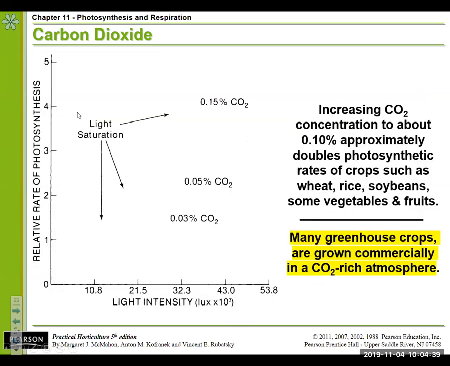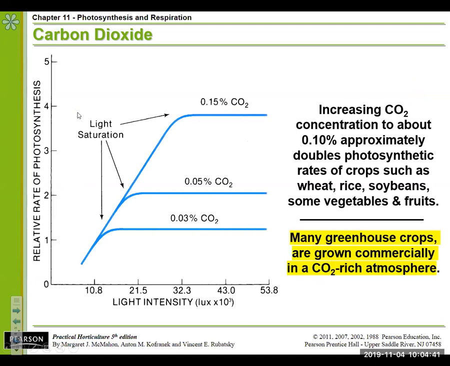So CO2, especially when we're thinking about greenhouse crops, or now these days we're doing a lot of growing in artificial conditions with no light, where it's all supplemental lighting, it's important to also add carbon dioxide to that as well. So we might actually have to inject CO2.